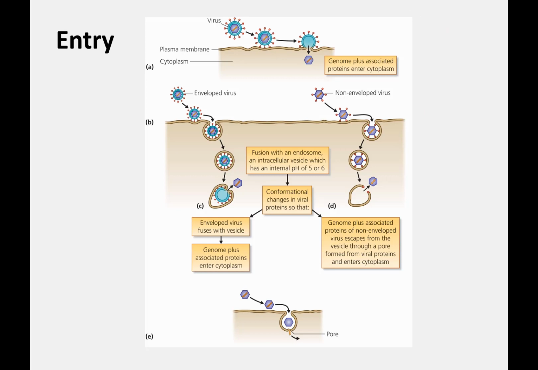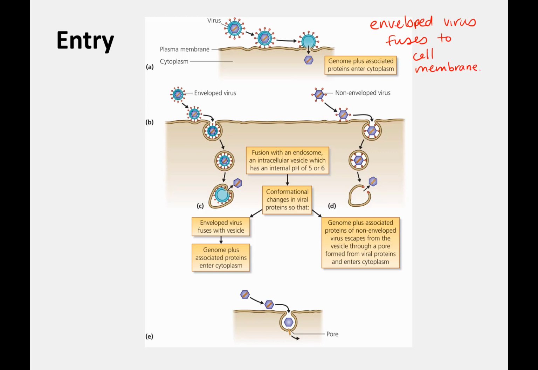Once we have interaction, attachment between the virus and the cell, there's a couple different ways the virus can enter. So up here in A, it's showing an enveloped virus that fuses to the cell membrane.